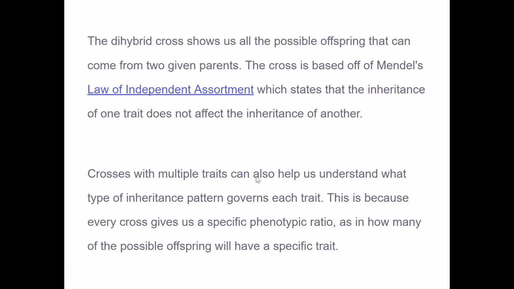Crosses with multiple traits can also help us understand what type of inheritance pattern governs each trait. This is because every cross gives us a specific phenotypic ratio of how many of the possible offspring will have a specific trait.